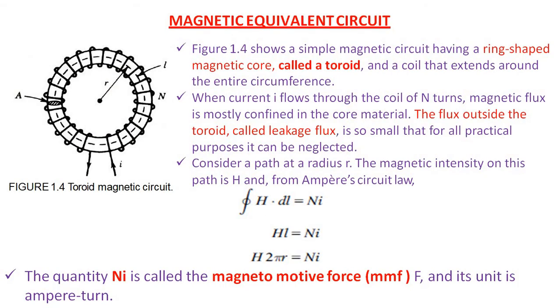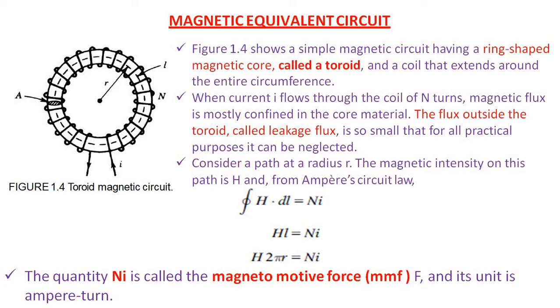Next one, magnetic equivalent circuit. The figure represents a magnetic circuit having a ring-shaped magnetic core called a toroid and a coil that extends around the entire circumference. When the current I flows through the coil of N turns, the magnetic flux is mostly confined in the core of the material.